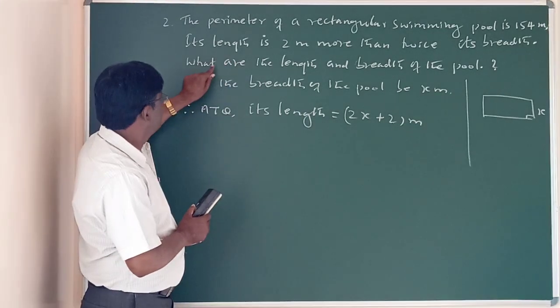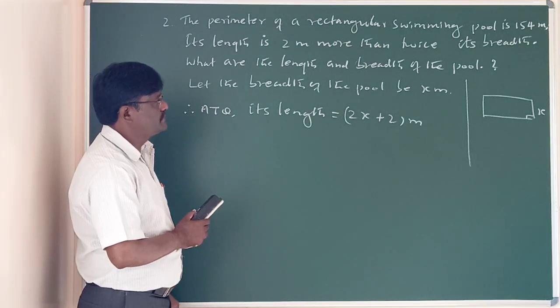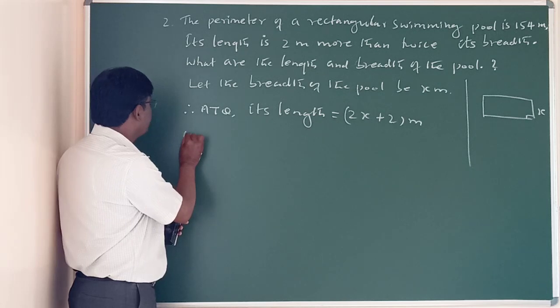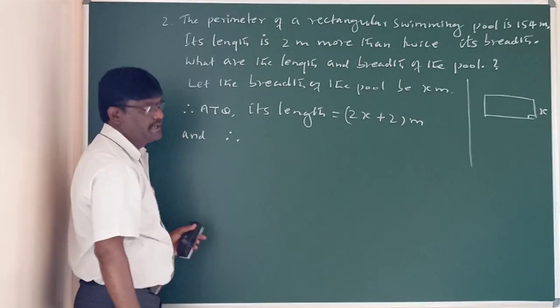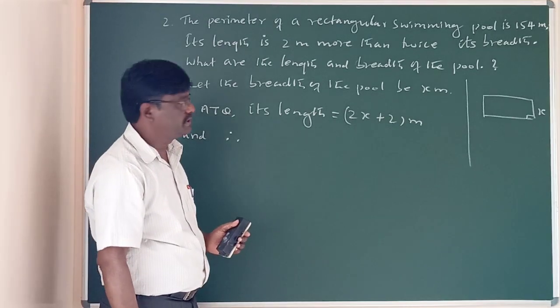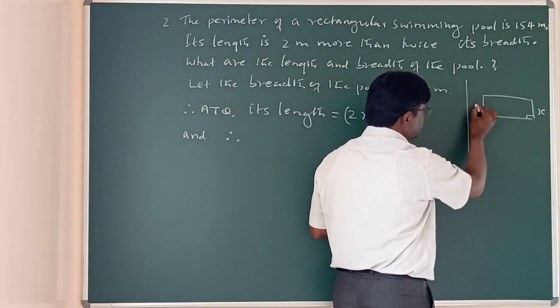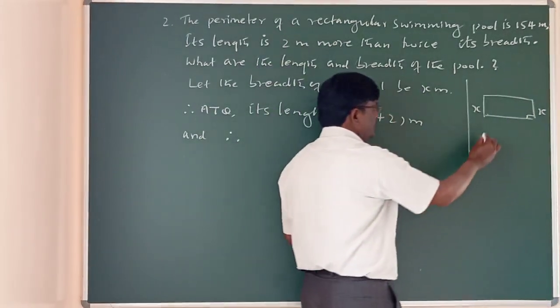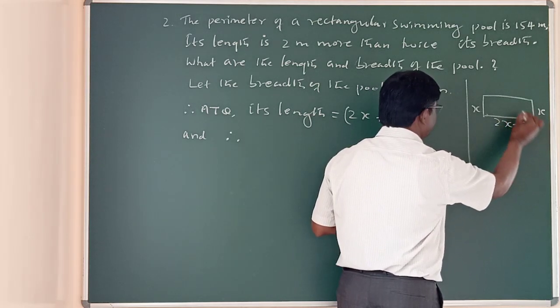Next, the perimeter of the rectangular swimming pool is 154. Perimeter is nothing but the sum of all the 4 sides. In a rectangle, opposite sides are equal, and the length is 2x plus 2.